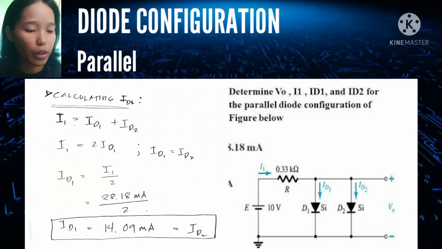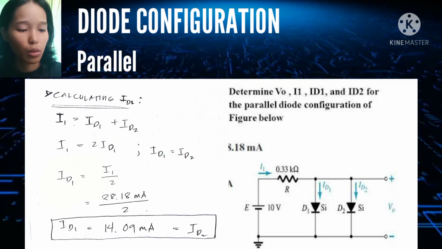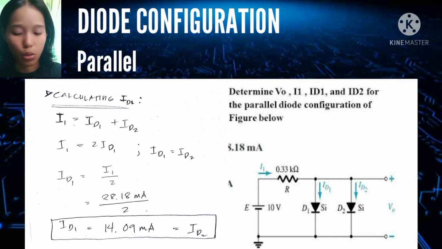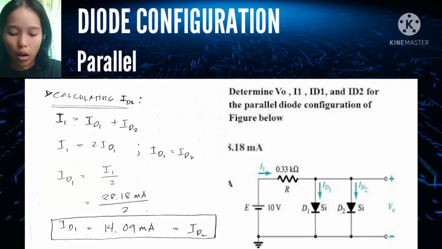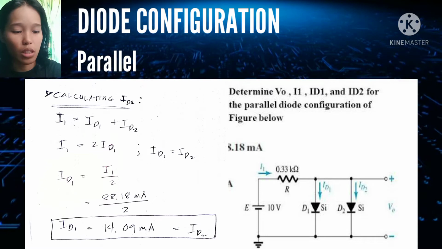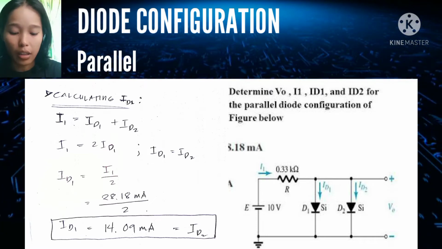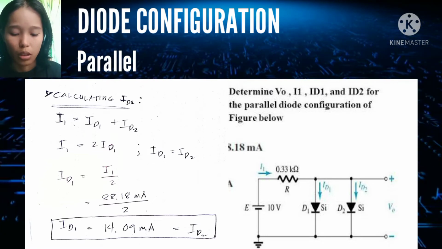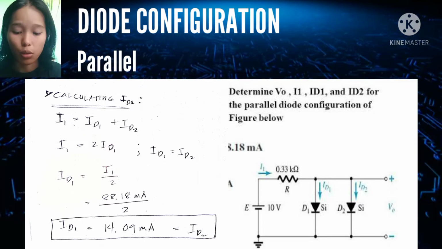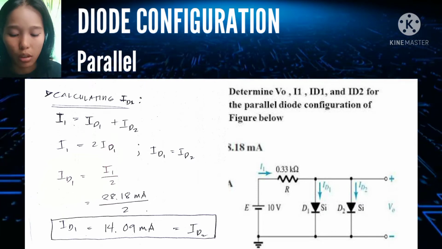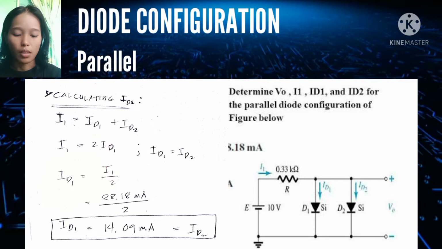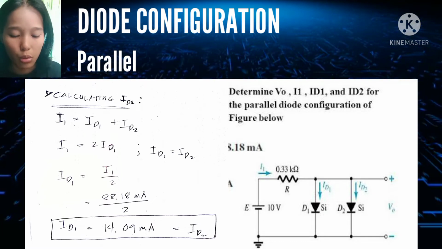And for now, we are going to solve the ID1. So note that ID1 is equal to ID2. So our I1 is of course just equal to ID1 plus ID2, which means that our I1 will be equal to twice the ID1, knowing that ID1 is equal to ID2.